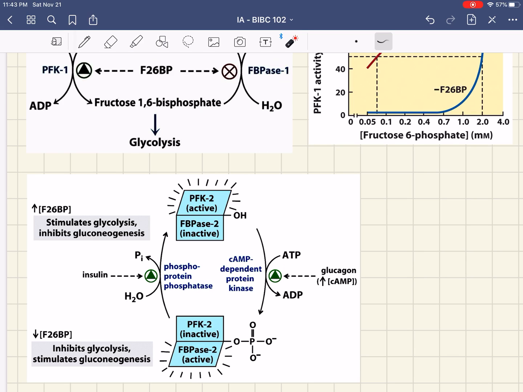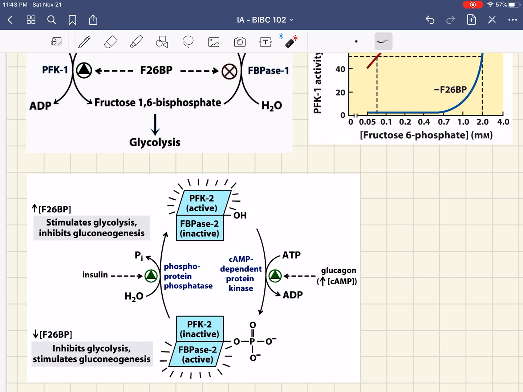Okay, so this is something you just have to memorize, right? Not phosphorylated, PFK2 is active. Okay, when it is phosphorylated, then fructose bisphosphatase 2 is active.